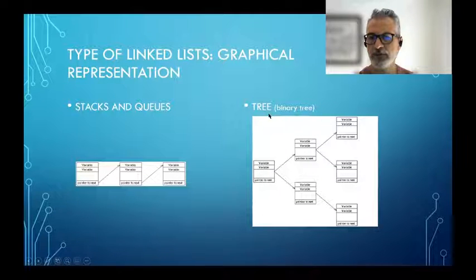But if we want to represent a tree, each box or each node has more than one pointer to a next node. In the way that the links are like branches, the node branches into two nodes, and those nodes branch into other two nodes, and so on. If we turn this drawing, we can see a kind of tree. Okay.